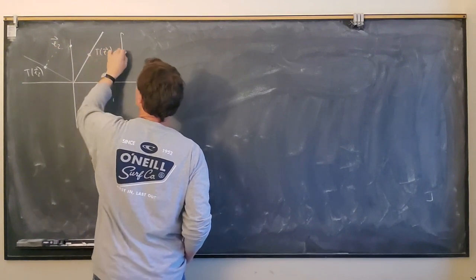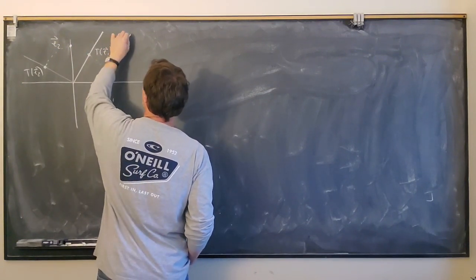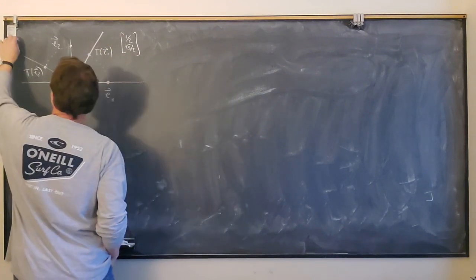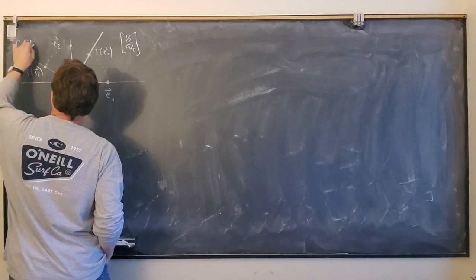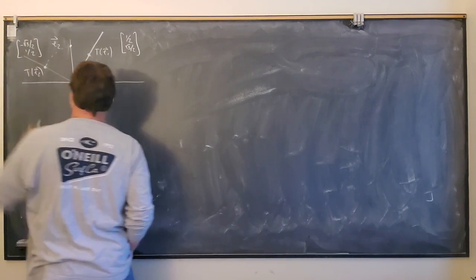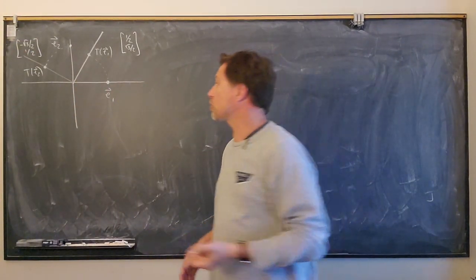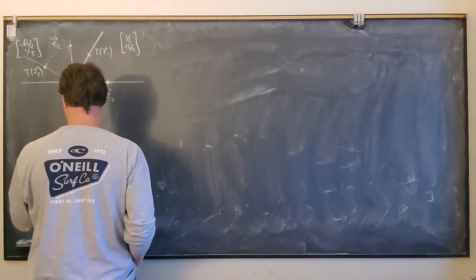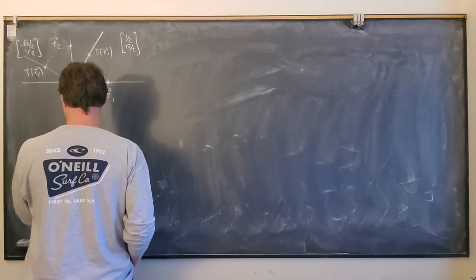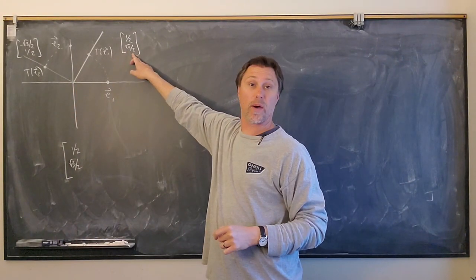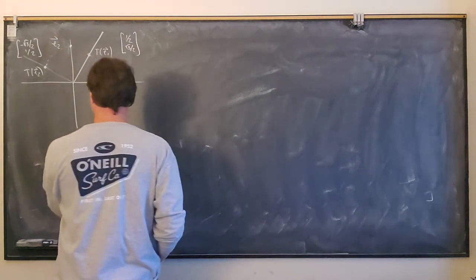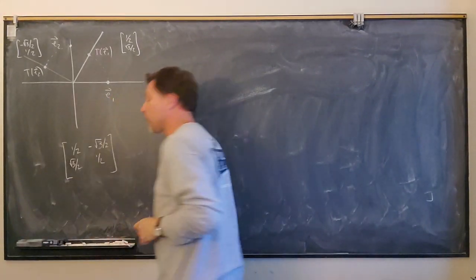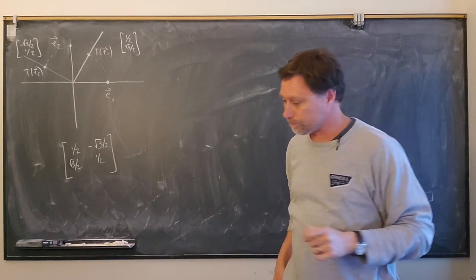So this was 1/2, root 3 over 2, and this one over here was negative root 3 over 2, 1/2. And so then the standard matrix for this transformation is obtained by just writing down in the first column the entries corresponding to T of E1, and in the second column the entries corresponding to T of E2.